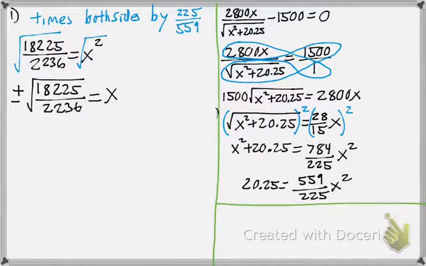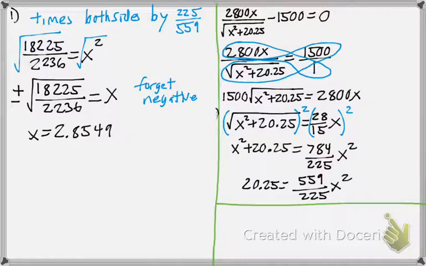So if you forget the negative, then x is going to be equal to 2.8549. So I mean, this will be our answer, but we have a lot of things we still need to do.